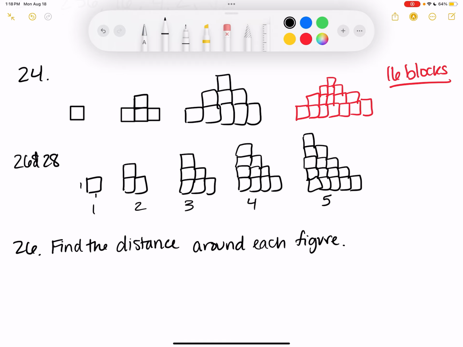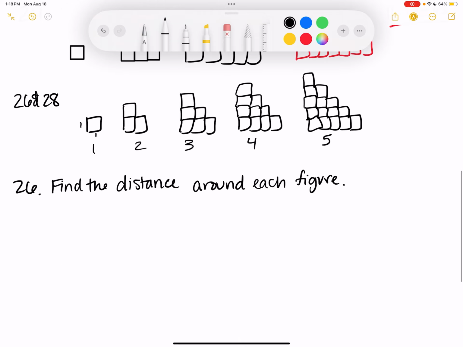So I'm trying to find out how many units around each one is. They say to use a table for it, which is honestly the easiest way to do this. So I'm going to set up a table here with the figure number so I can keep track of which one I'm dealing with, and then the distance for each one.